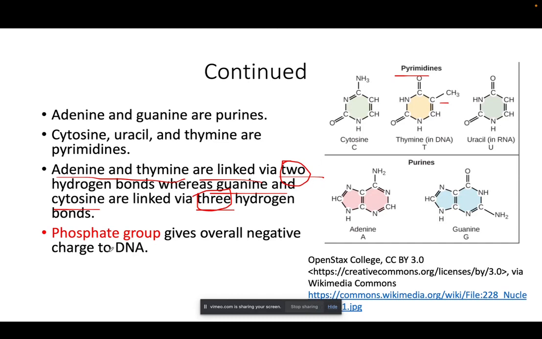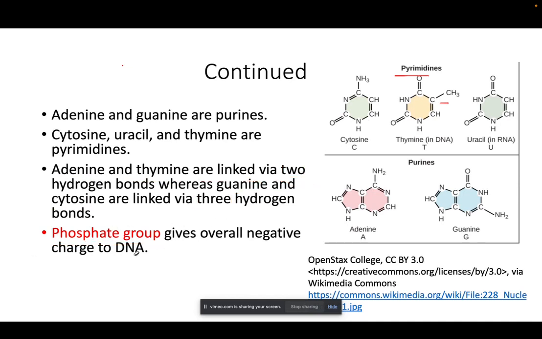The presence of this phosphate group in DNA, as I mentioned before, present at the 5' end, gives the overall negative charge to DNA, because if you look at the structure of phosphate, it is PO4 3 minus. So this negative charge gives overall negative charge to DNA.